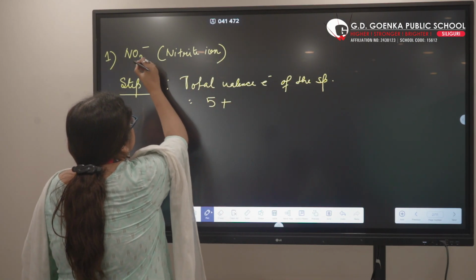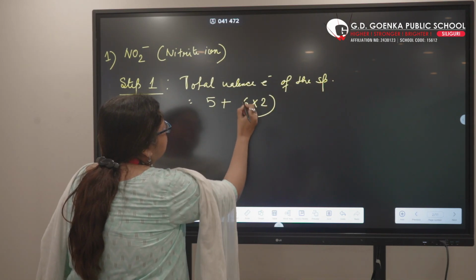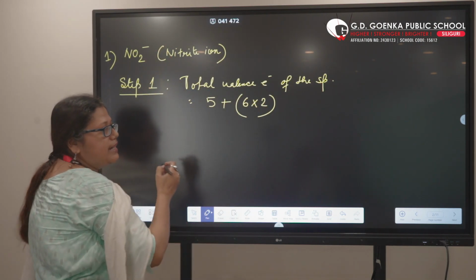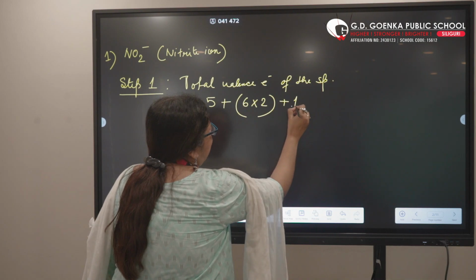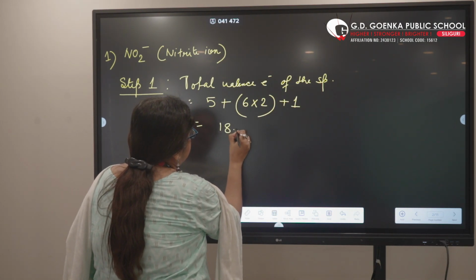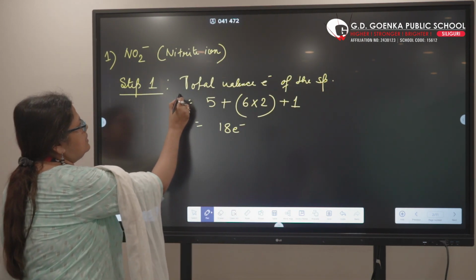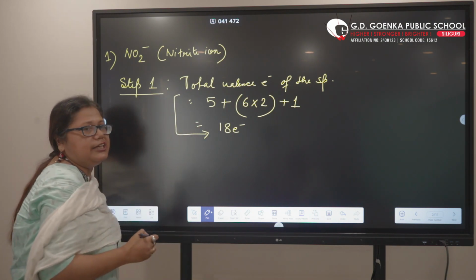How many oxygen atoms are there? 2. So 6 into 2, and as it has one negative charge, I add 1. So over here I am getting 12 plus 5, 17, 18. 18 electrons. So the total valence electrons of the nitrite ion is 18 electrons.